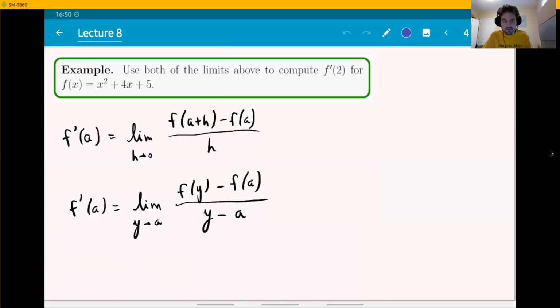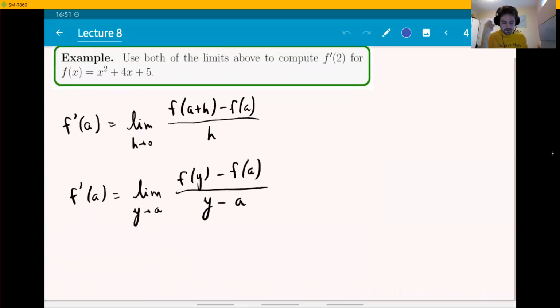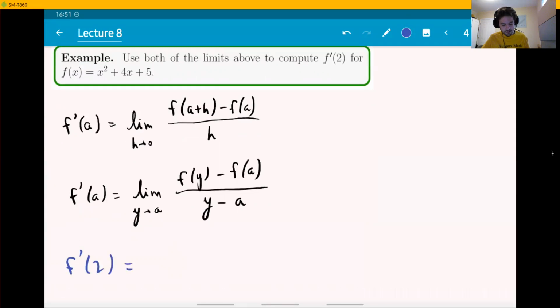So here's an example. It's saying use both of the limits to compute f prime of 2 for the function x squared plus 4x plus 5. I copied down the two limits right here so we can see them. And this is a very simple example. We can try to find f prime of 2 by doing the definitions. Let's use the first one, for example.